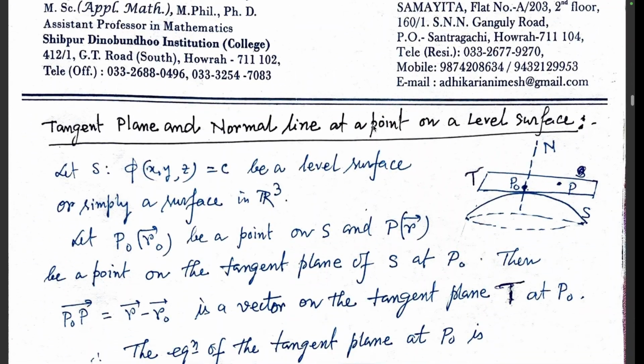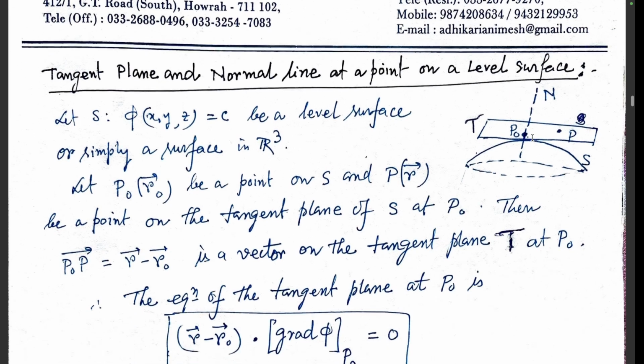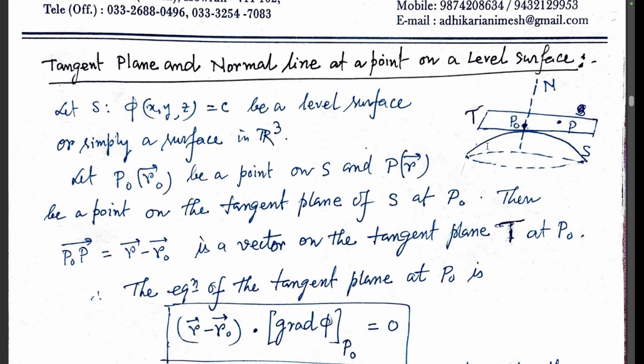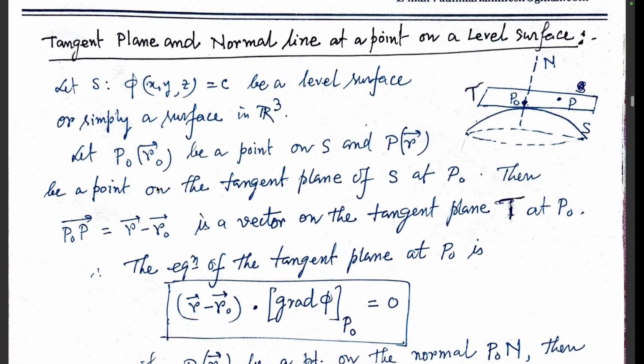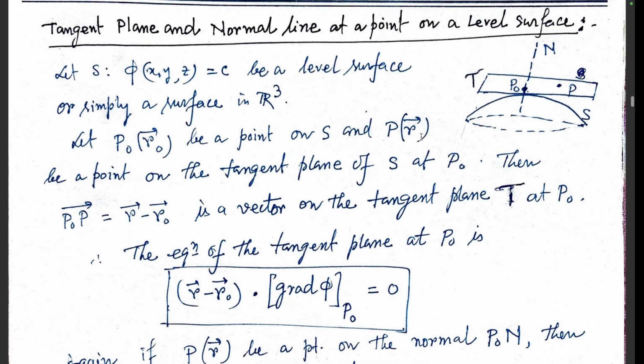Here, the tangent plane and normal line at a point on a level surface. Let phi(x, y, z) equal c be a level surface, or simply a surface S in R cube. Then P0, with position vector R0, is a point on S, and T is the tangent plane at the point P0 on this surface.